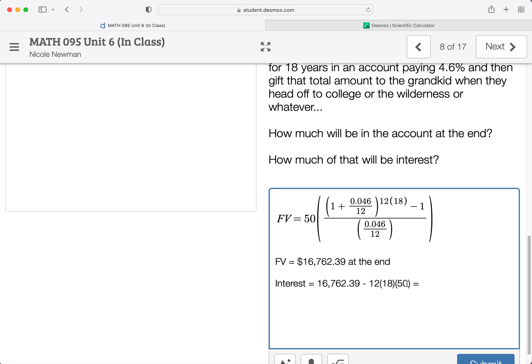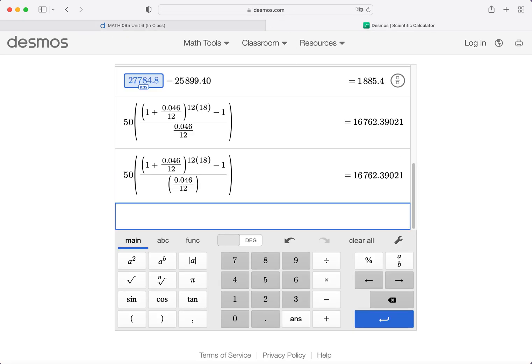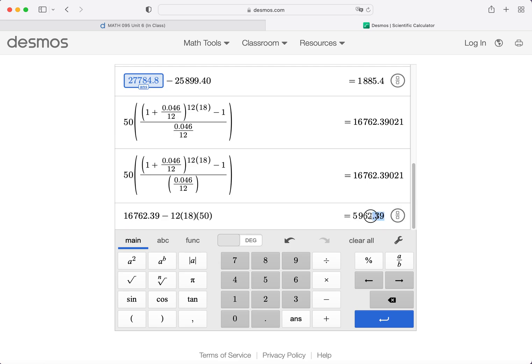You can do this in chunks if you want to, or you can do it exactly like this, all in one chunk. I know, it's all angry with its orange exclamation point. Here's the amount of interest.